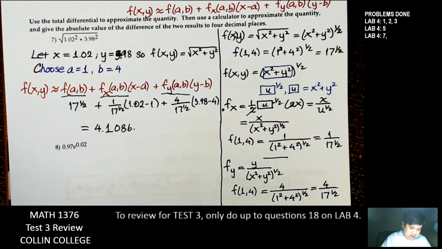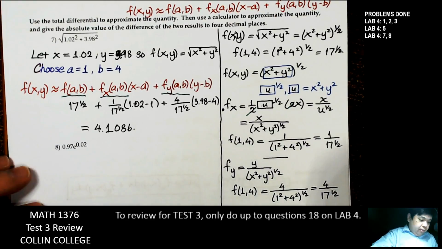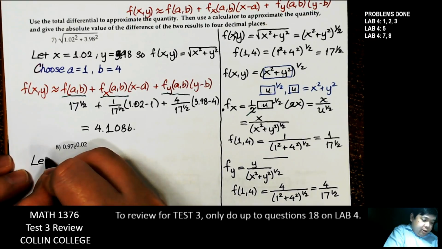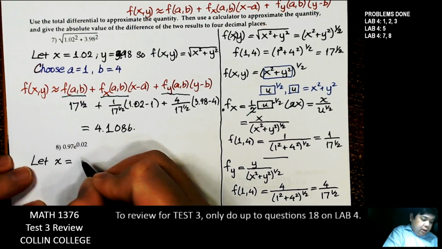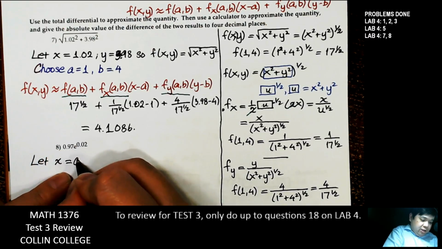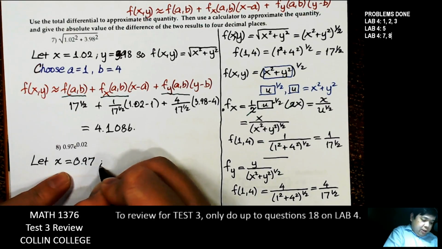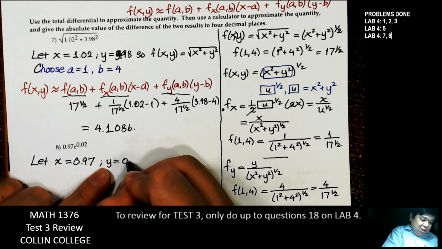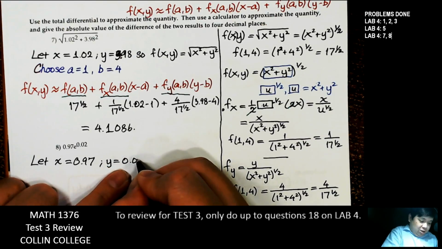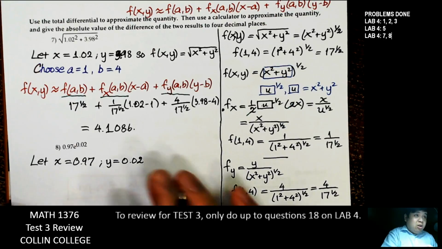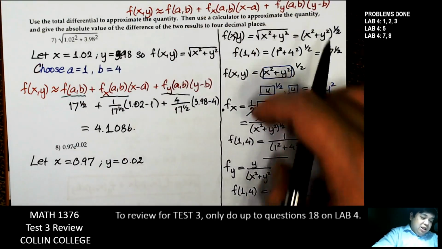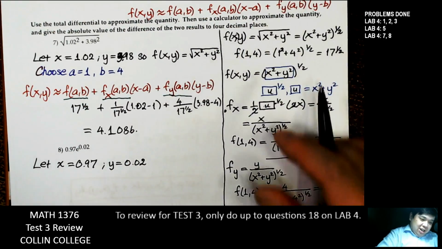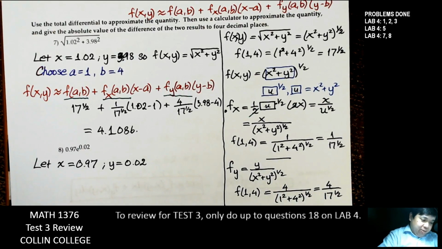Right. Next one, 8. Let x be this number. This is more like the actual concept I want to test, and this is something a lot more doable than the derivative. It will get a little bit complicated on this problem.